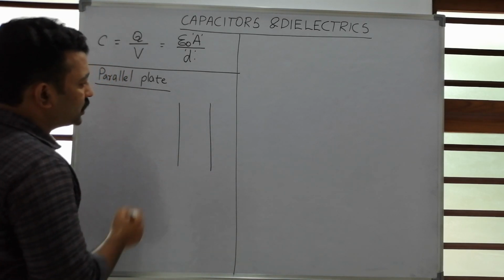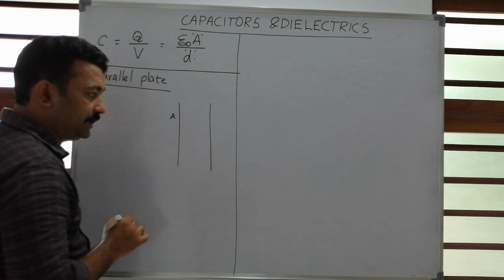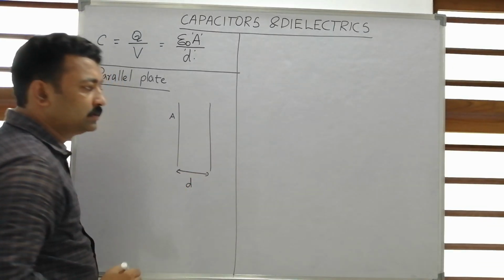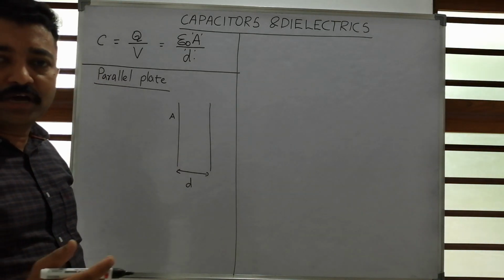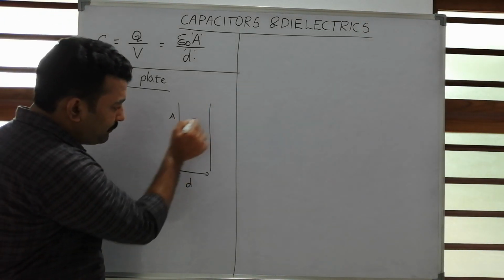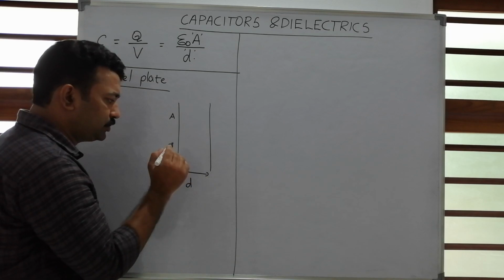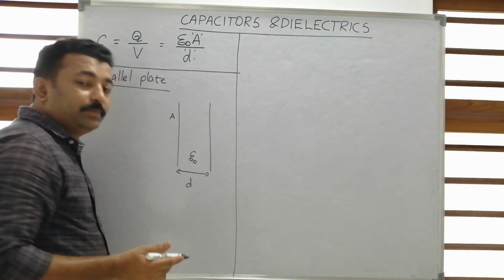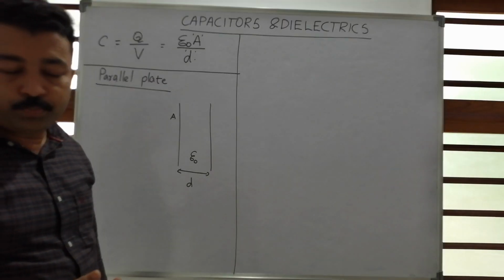Each has got an area of cross section of A and they are separated by D. And for the simplest case, we are assuming that the medium between the plates is vacuum, or we can say air, with a permittivity of epsilon 0.